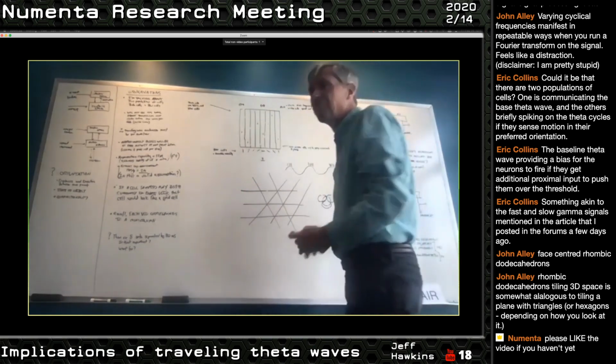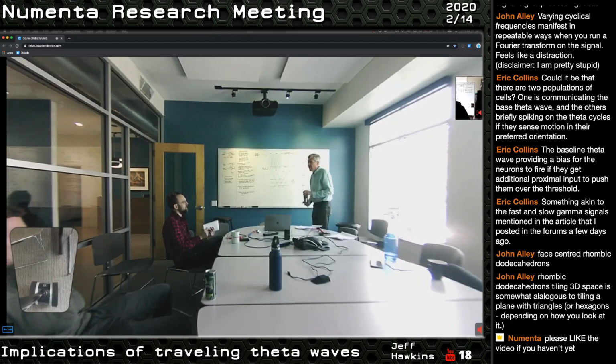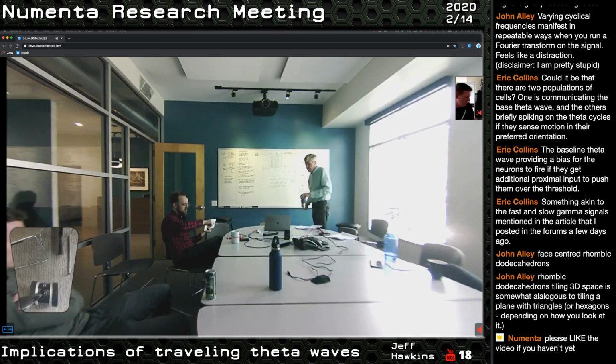The problem is, of course, that if we look at actual architecture, like say V1 in cat cortex, it's not really a proper ice cube. It's not one strict orientation. That's what I was thinking for a while. Does that mean that there is a direction to the theta wave? And yes, there is a direction to the theta wave, like during sleep, like that's what Sejnowski showed.